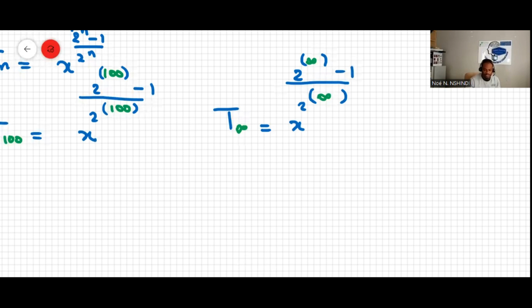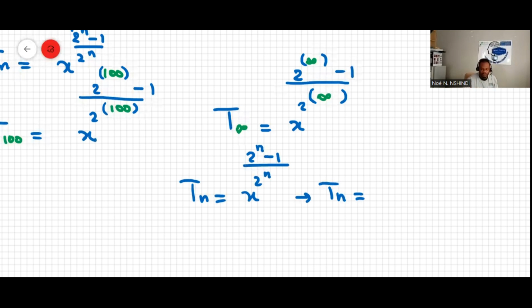Initially Tn was x to the power of 2 to the n minus 1 over 2 to the n. Let's first simplify this. We can write it in a simpler form. We can separate the fraction.